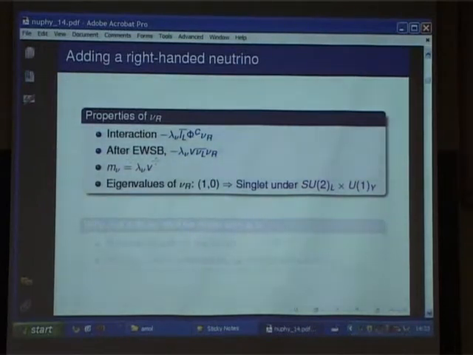After the breaking of electroweak symmetry, this phi conjugate essentially becomes v by root 2. I have forgotten this factor of root 2 here. This means that effectively I have a term that looks like minus m times nu L bar nu R, and hence the factor of root 2.